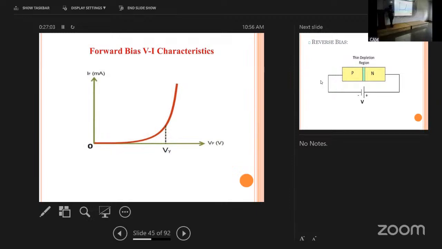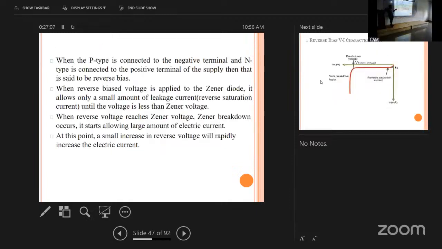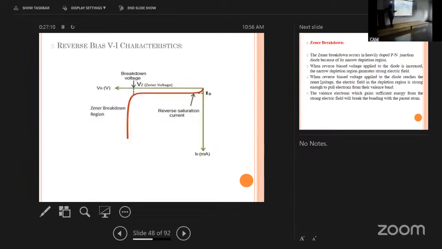There is no difference. Next. Here is the reverse bias of the Zener diode. So Zener diode also conducts in reverse bias mode. In forward bias mode it will conduct, and in reverse bias mode it also will conduct.